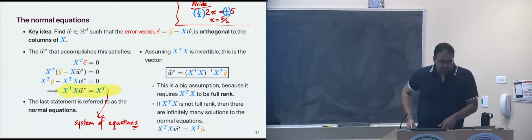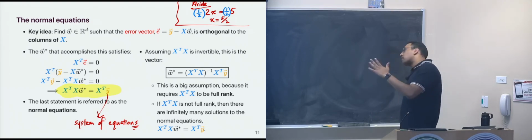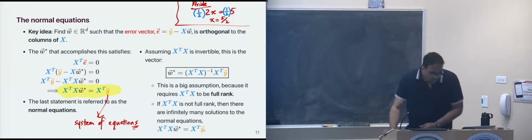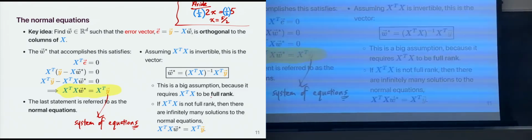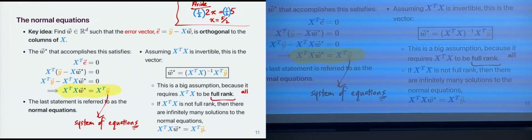The idea behind a matrix being full rank is that, well, there are many equivalent definitions, but the one that will be useful for us is that all of its columns are linearly independent.